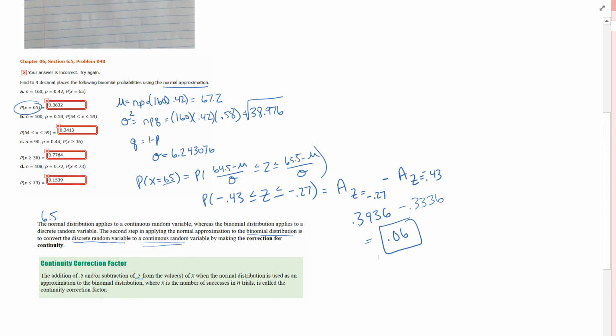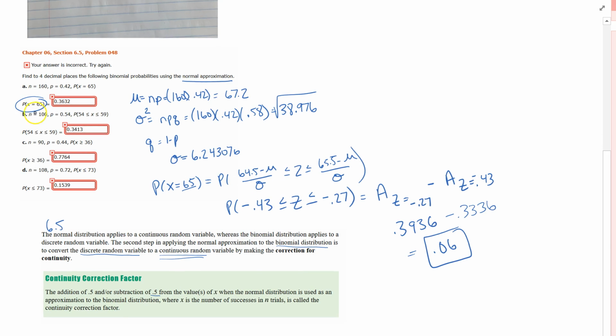Converting the discrete variable to a continuous variable, here's an example on part B, a totally different calculation, with 54 and 59. We want the probability that x is between 54 and 59, so we're really looking at 53.5 less than or equal to x, less than or equal to 59.5.